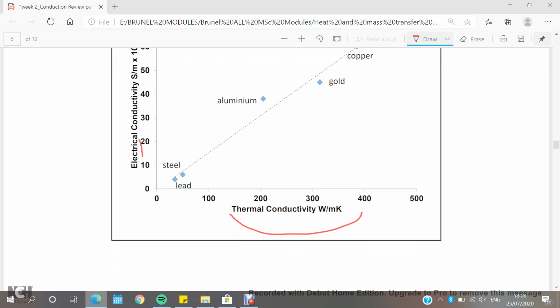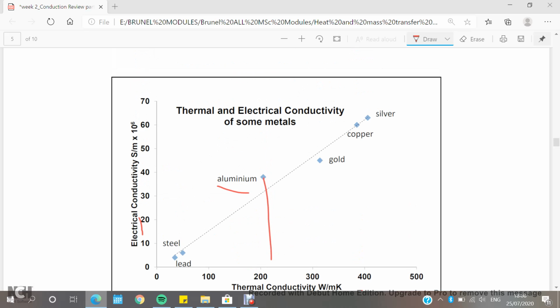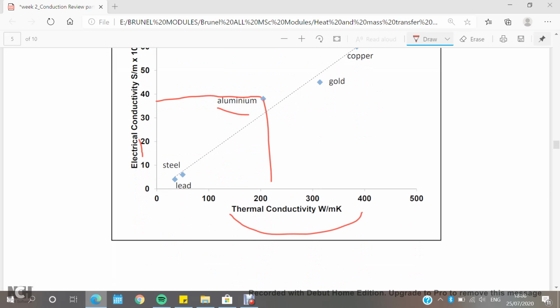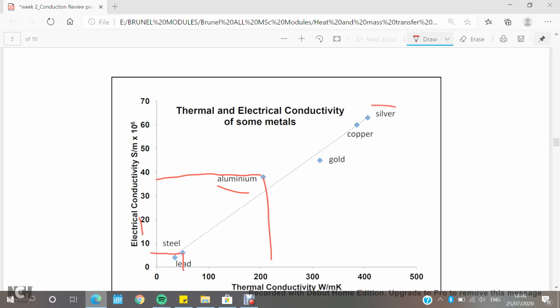For instance, a material with a high thermal conductivity should have a high electric conductivity compared to a material with lower thermal conductivity. Remember that silver has very high thermal and electric conductivity.